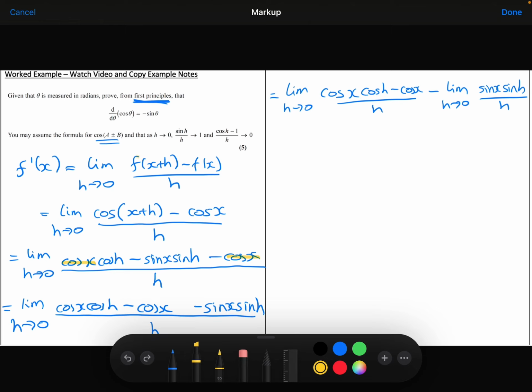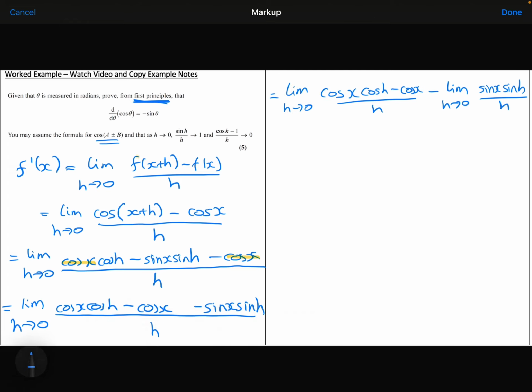Next, I can factorise this cos x outside, because me changing h, me making h become 0, doesn't affect the x at all. Only the h. Because of that, I can factorise that cos x outside.